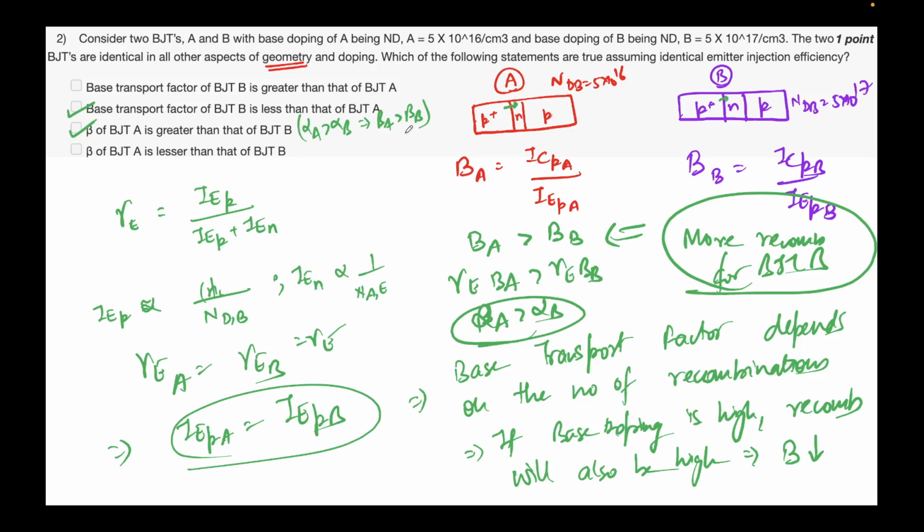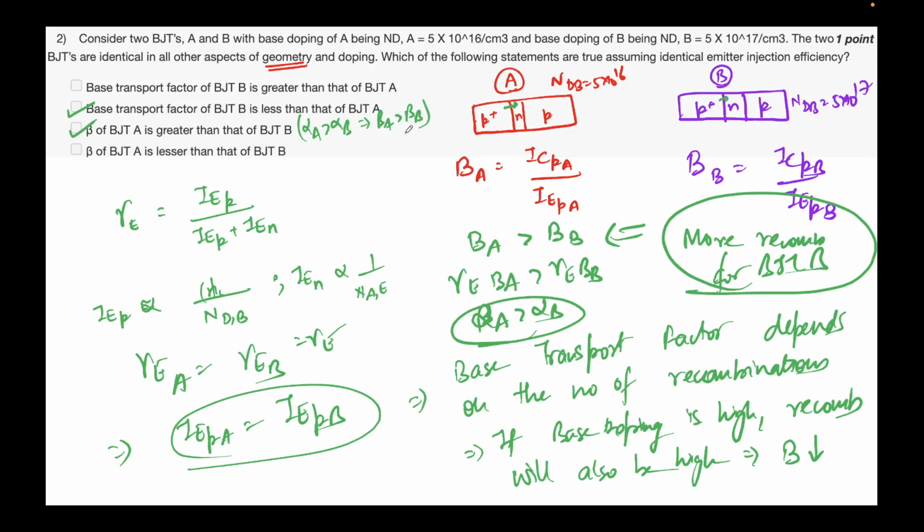All right, so this was a good problem. Again, we had to switch from NPN to PNP first of all, and secondly, the base transport factor, as I told, is dependent on doping of the base, which in this case we saw clearly. The doping is higher, so more recombination, the base transport factor will reduce, and alpha will reduce thereby, because emitter injection efficiency has been given the same.